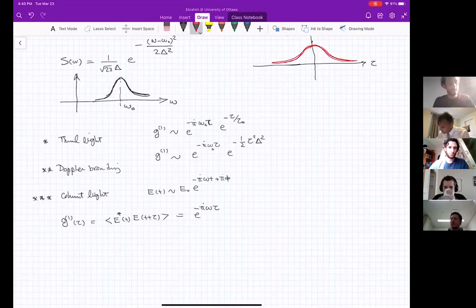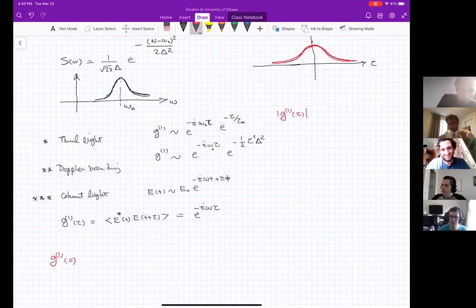Now we look at the absolute value of G1 of τ. First of all, what do you expect for G1 of 0? Anyone who can get the result will get one mark. What is the value of G1 of 0? Henry? 1? Exactly, Henry. Bravo. You will get 1. Why?